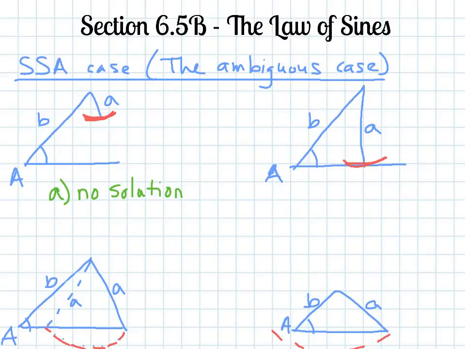So that's one option. Second option is when your angle A is a certain value, and B and A are certain values where A actually just touches once and is straight up and down. That creates a right triangle in here.